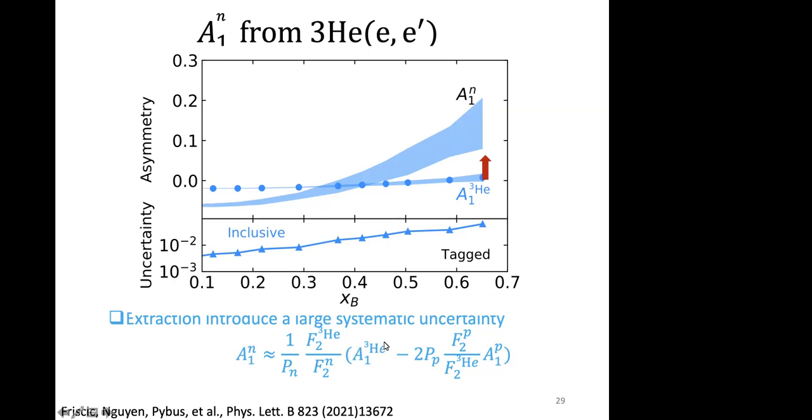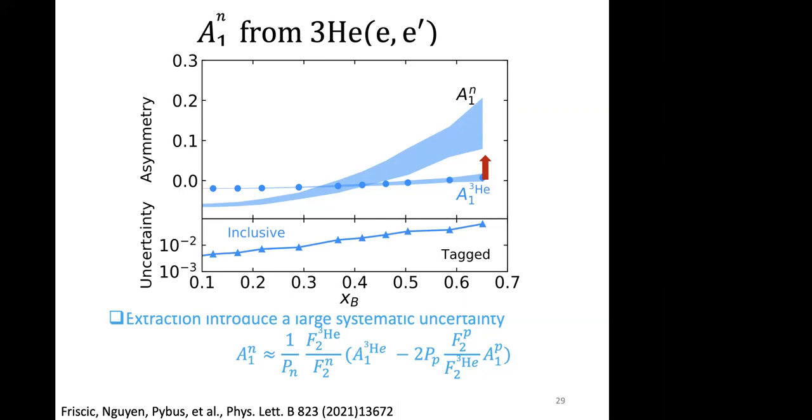The systematic uncertainty comes from F2, from the PN, from the PP, and all of these, and it propagates to give this error band of A1N. One thing I want to show you here is that even though we get really good statistical uncertainty on A1 helium-3, this extraction process will blow up the error bar by a lot.